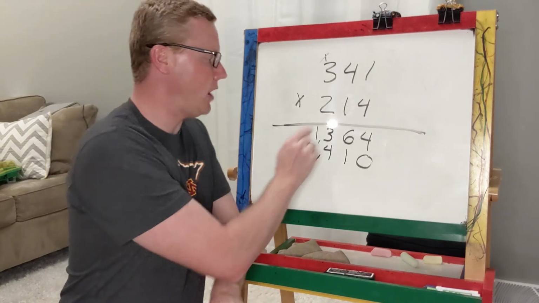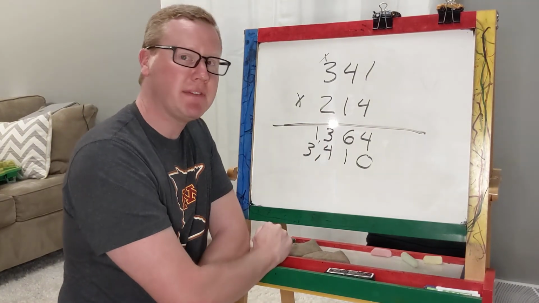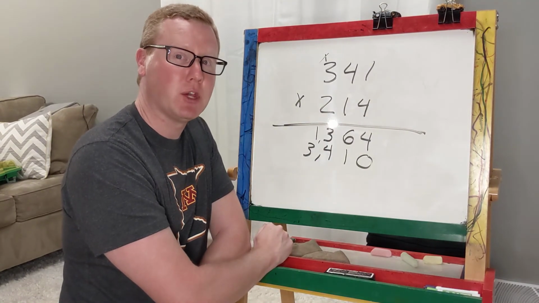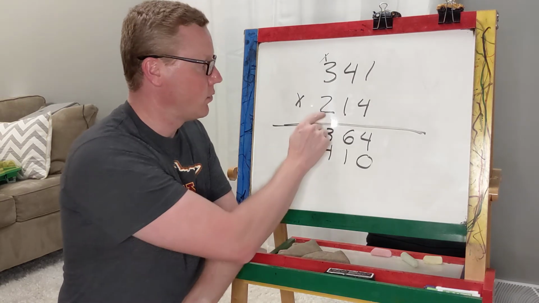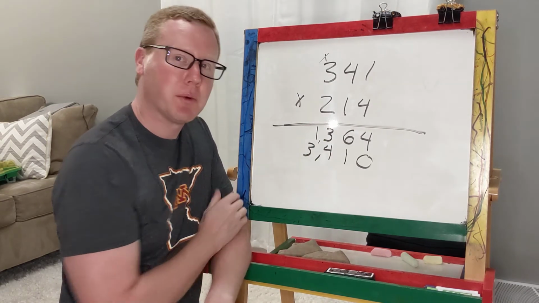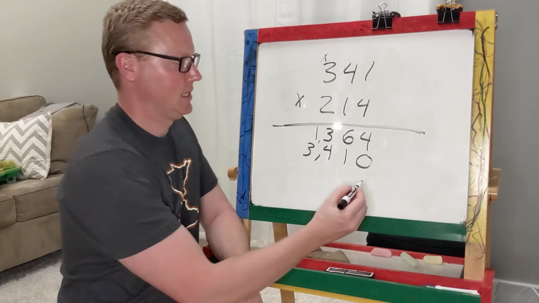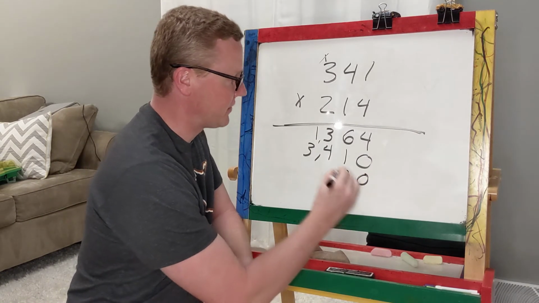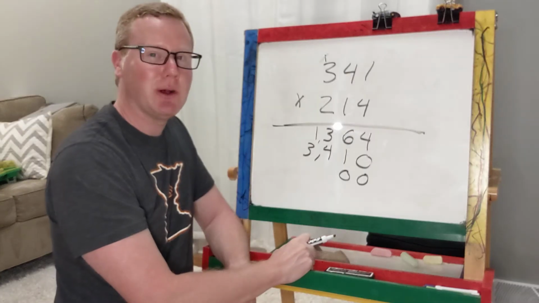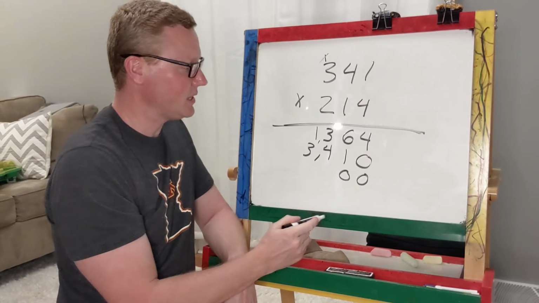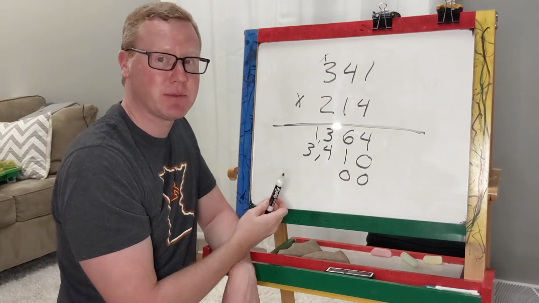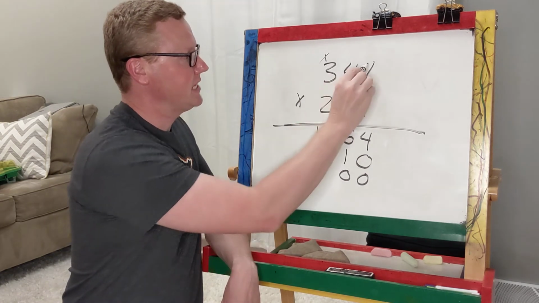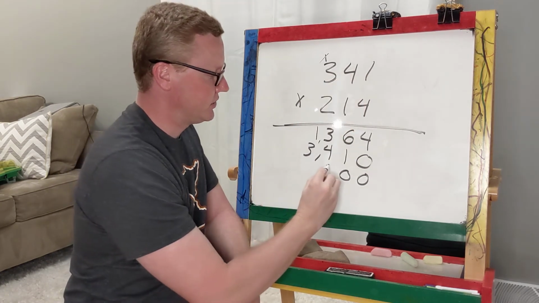And now we're going to go on to our 2. Some of you probably guessed already what you would do with the 2 or the 200 when we multiply the next step. If you thought or said out loud you would put 2 zeros down here because it's 200, you are absolutely right. And then you just do the same process we've been doing. 2 times 1 is 2.